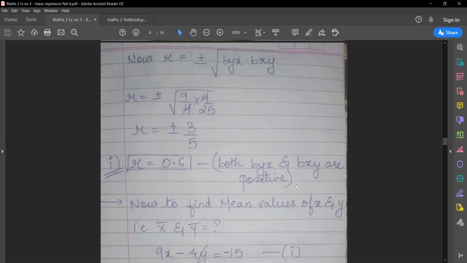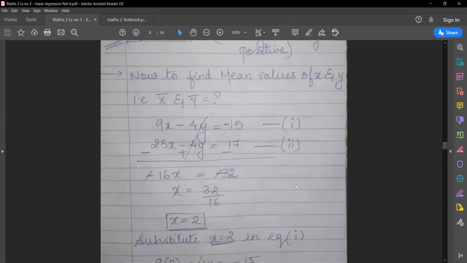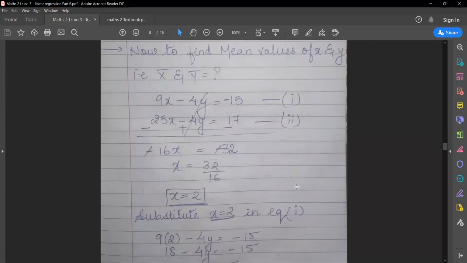Now they have also told us to find the mean values. So this you know very well now, what you have to do. In order to find the mean values, that is x bar and y bar, you will arrange the equations and solve them simultaneously. As you can see, class, I have arranged them simultaneously and here 4y is common already. So I am subtracting both the equations as the signs are similar. So I get the value of x as 2.